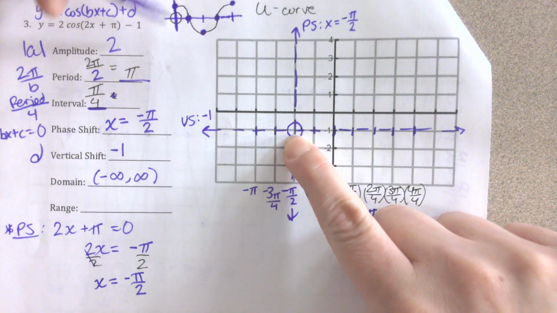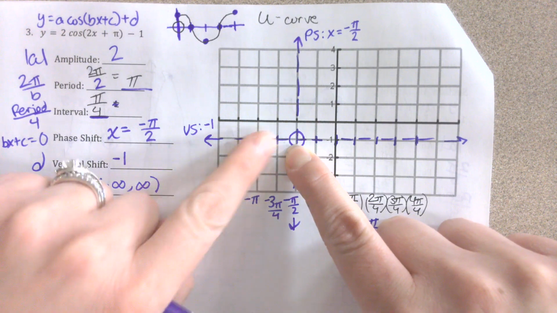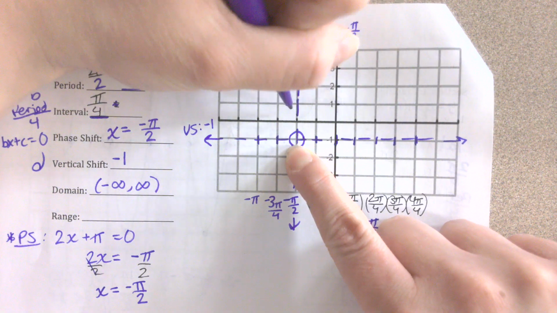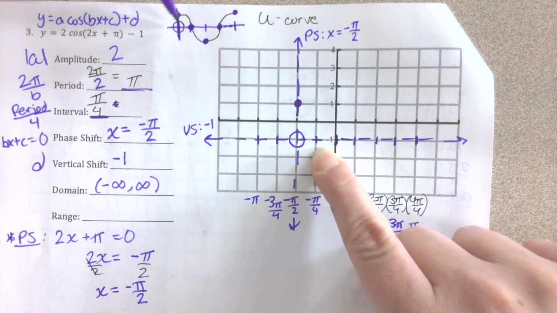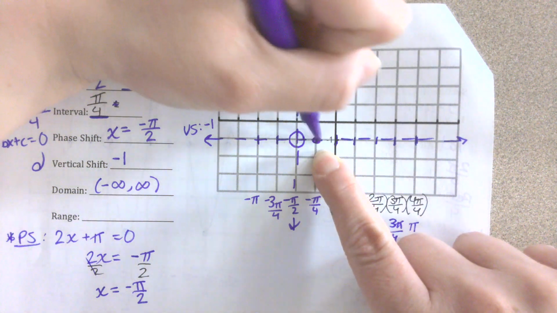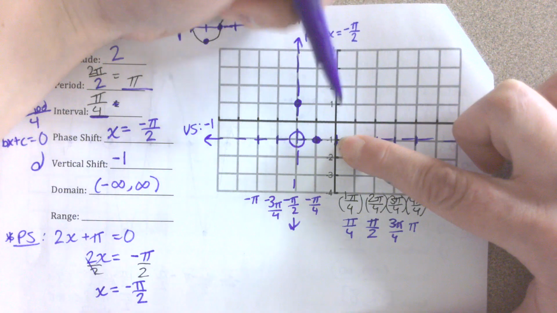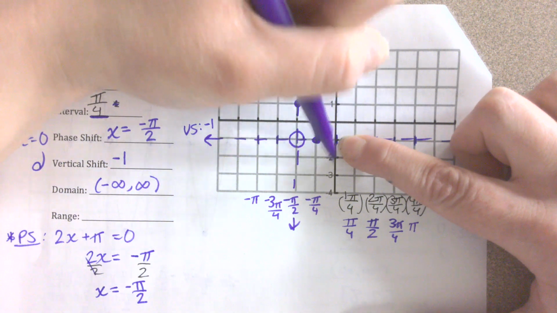So we start here, and per my little drawing, we start at the maximum. So we're going to go up 2. That's what the amplitude tells me. 1, 2. We're going to start at 1. And then I'll go to the right. To the right, we're down at the midline. Next notch, which is at 0 on the x-axis, sitting directly on the y-axis, we're going to go down to the minimum.